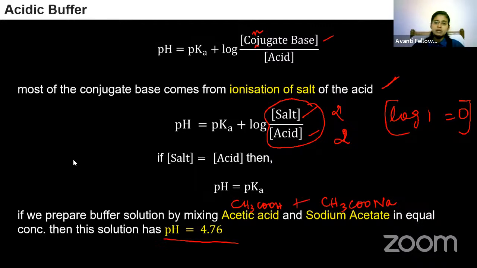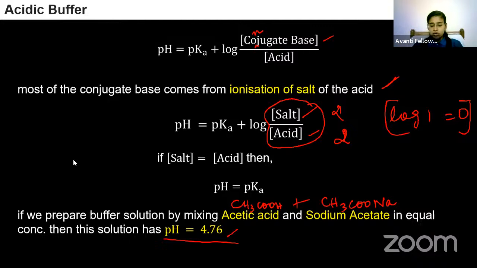It is acidic in nature and the pH value is 4.76. Clear? So we have spoken about the acidic buffer in this slide and the previous slide, and I gave you two formulas to find the pH for an acidic buffer. We also took one example, and the pH for that example is 4.76.